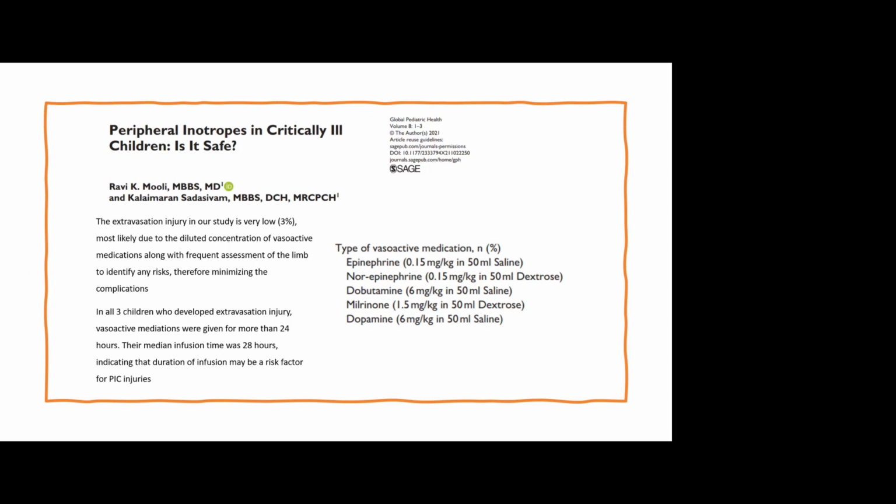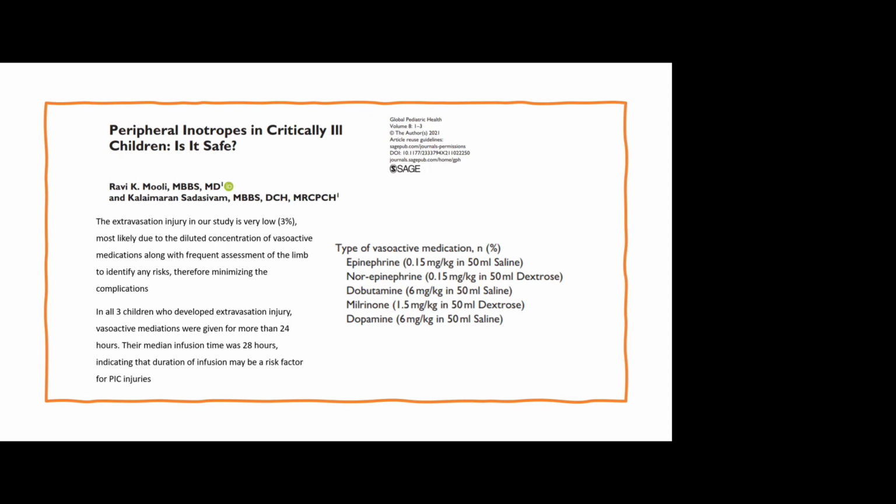For example, you may have an unexpected need for inotrope around the procedure where you may not have a central line in situ. In that situation, inotropes can be given peripherally, but for a short period of time, provided the concentration is low and we monitor the site so that if there is any sign of extravasation, we stop it.